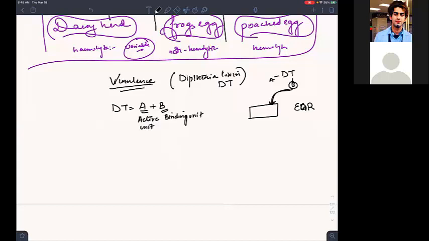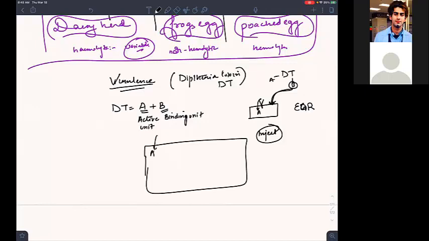Then, like an injection, it helps fragment A enter. Now this A goes inside the cell. This is known as the process of internalization.